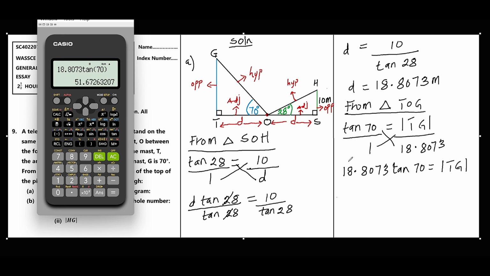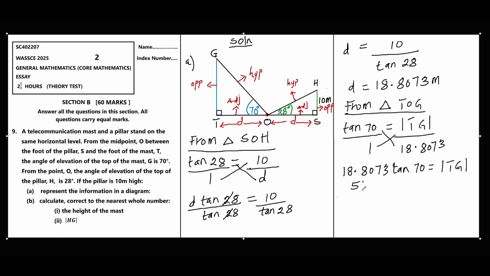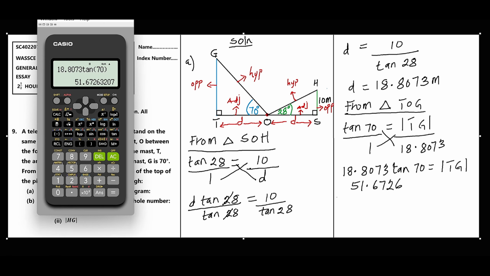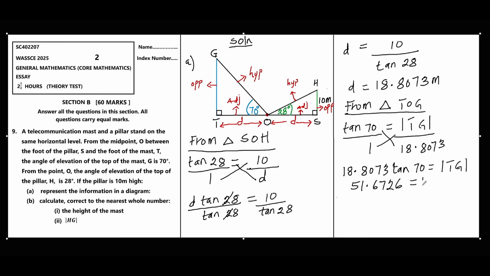So we have 51.6726. So that is the height of the telecommunication mast.